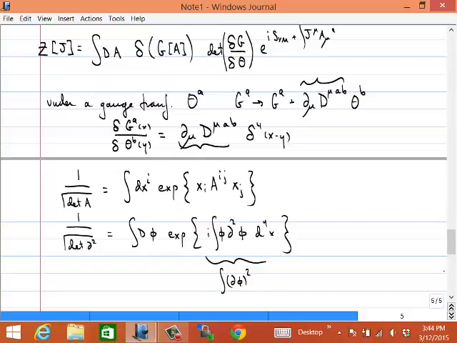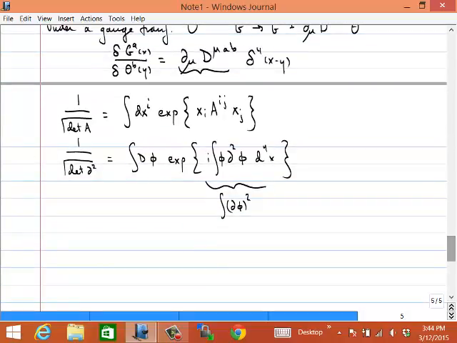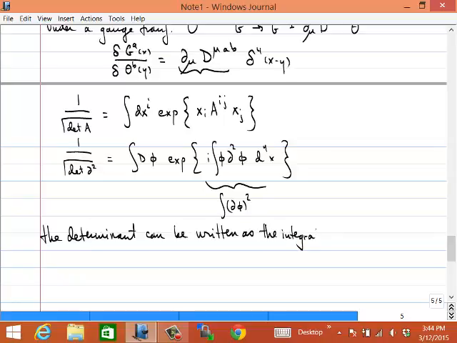If you want to compute the determinant of an operator, we can use the fact that the determinant of an operator can be written as the path integral, or in the case of an n by n matrix, a normal integral, over Grassmann variables. That is to say, anti-commuting variables, rather than commuting variables.